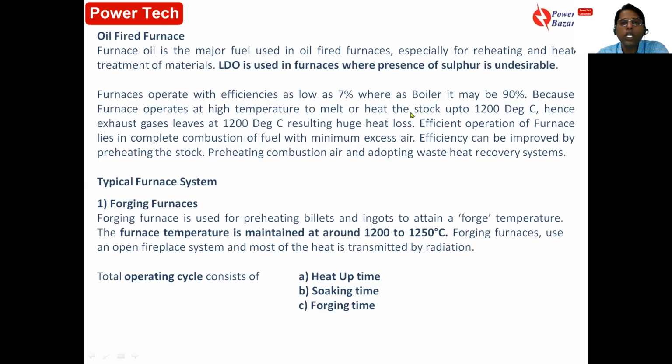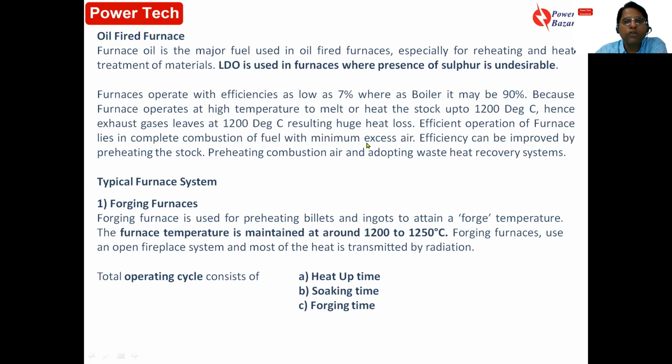That means we require a minimum of 1200 degrees centigrade to melt metals, particularly iron and steel. So a lot of exhaust gas leaves at 1200 degrees centigrade. This is a huge heat loss. Unless you employ regenerative or heat recovery technologies, the furnace efficiency has to be low.